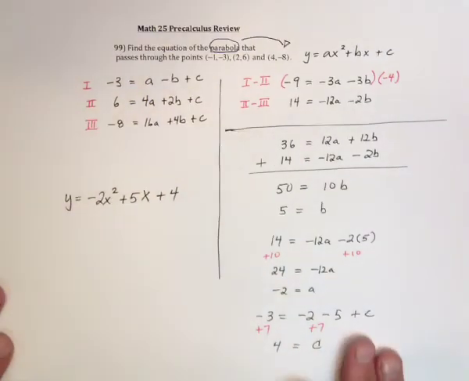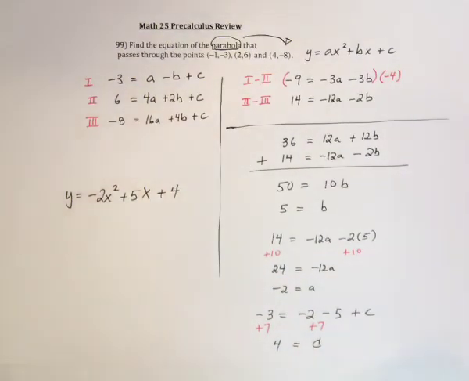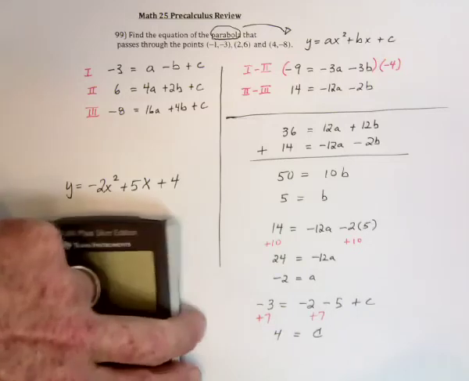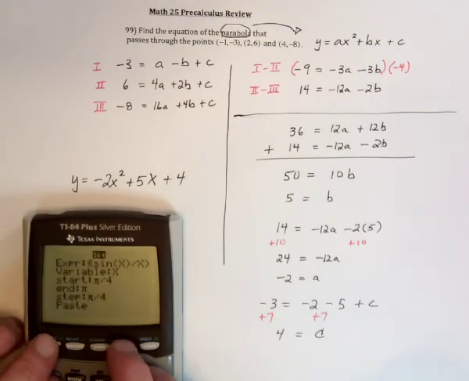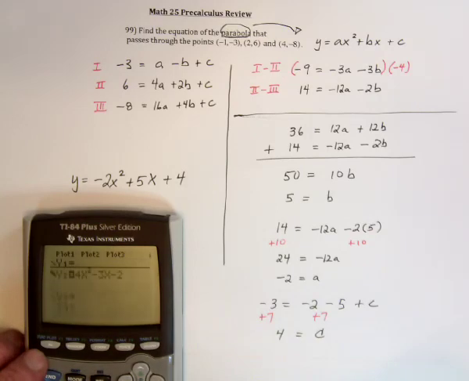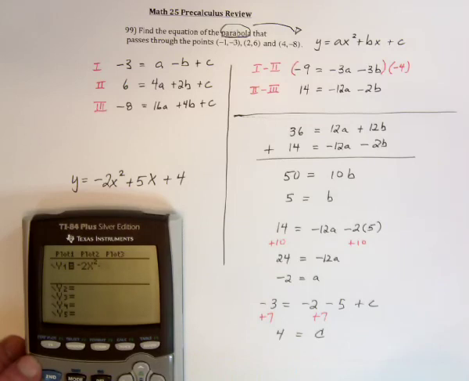And then we should be able to check and make sure that it works. So let me graph this. So y is a negative 2x squared plus 5x plus 4. And it's not so much the picture that I want.